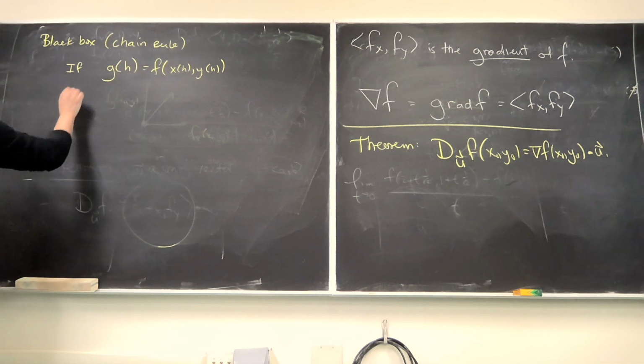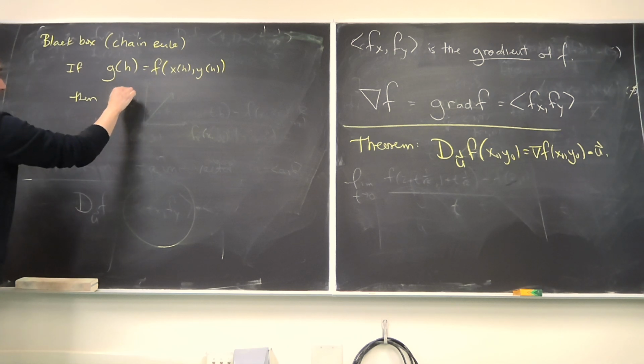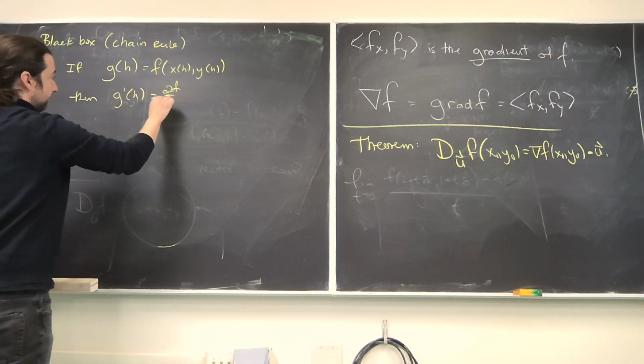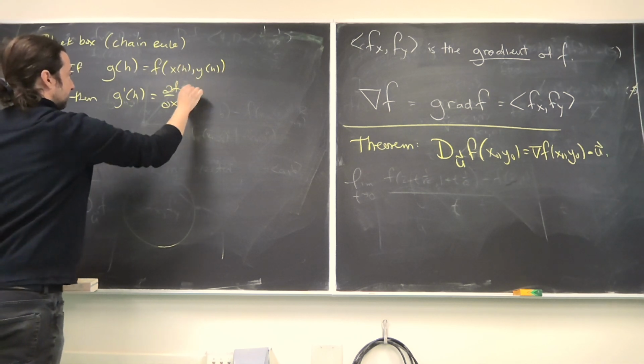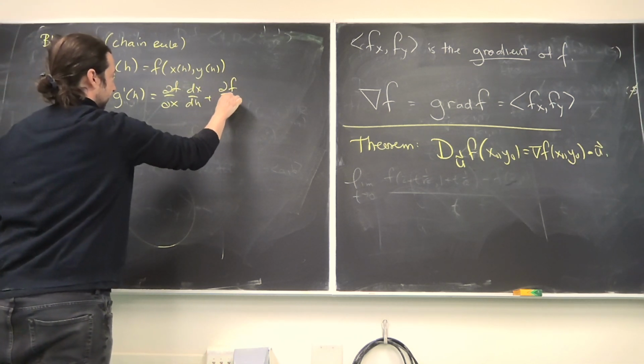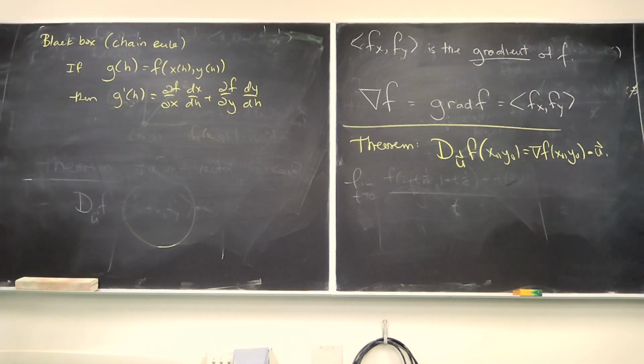Then g prime of h is equal to df dx dx dh plus df dy dy dh. We're going to show why that's true when we do 14.5.